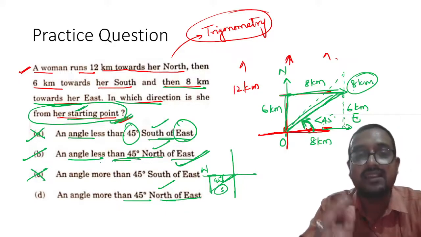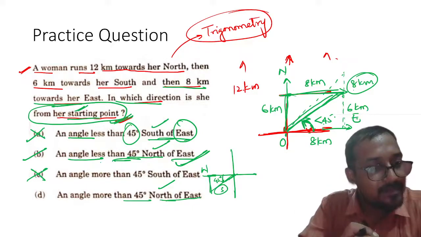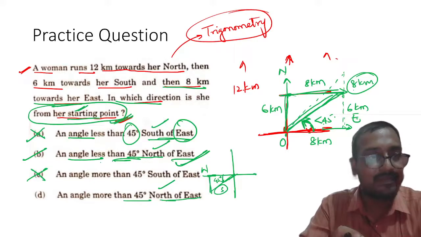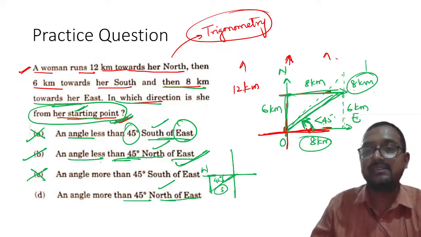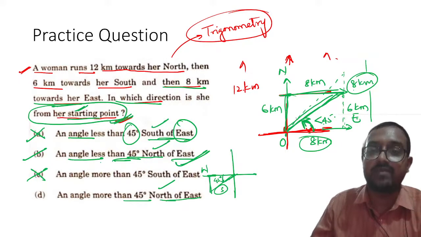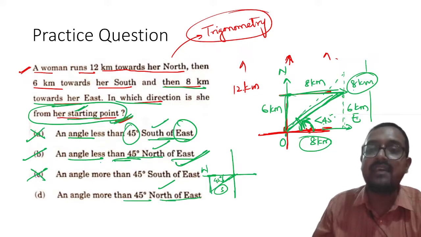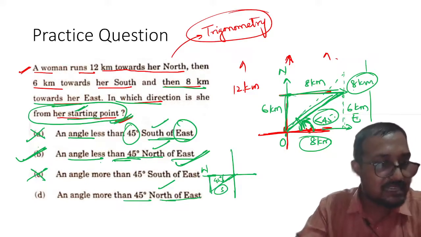Why am I saying that north of east less than 45 degree? This is 8 kilometer, and then again this would have been 8 kilometer if it were 45 degree. But since it is not 45 degree, it is lesser than that. We have got B as the correct answer. Thank you, Tanmay, and thank you, Kartikeyan.